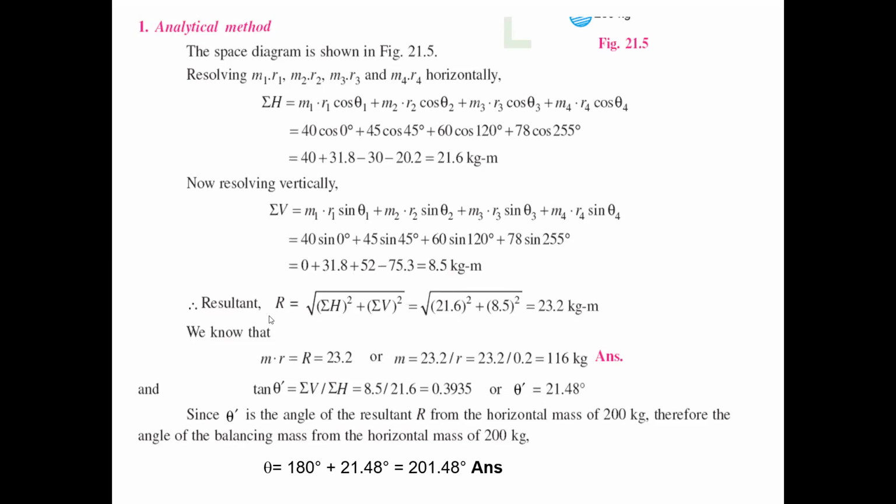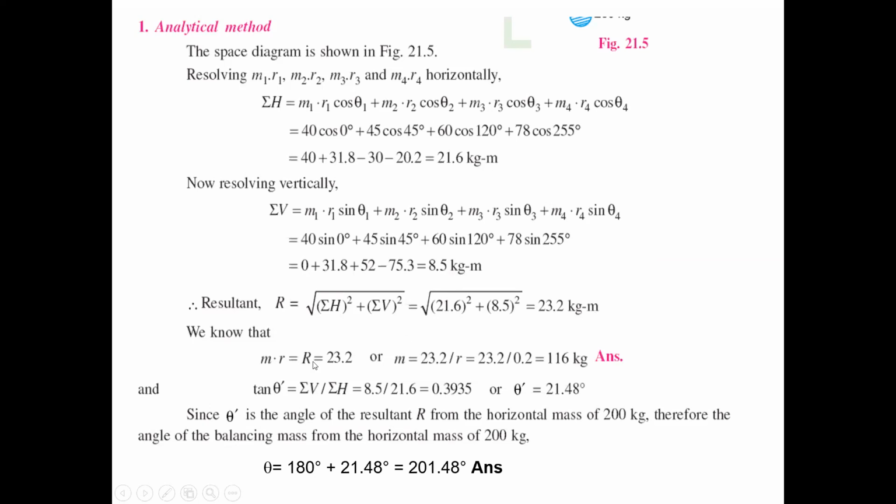Then simply find the resultant. Therefore the resultant force R equals the square root of the sum of horizontal squared plus the sum of vertical squared. Substituting sigma H and sigma V, we find the R value, that is 23.2 kg meter. This is the FC.